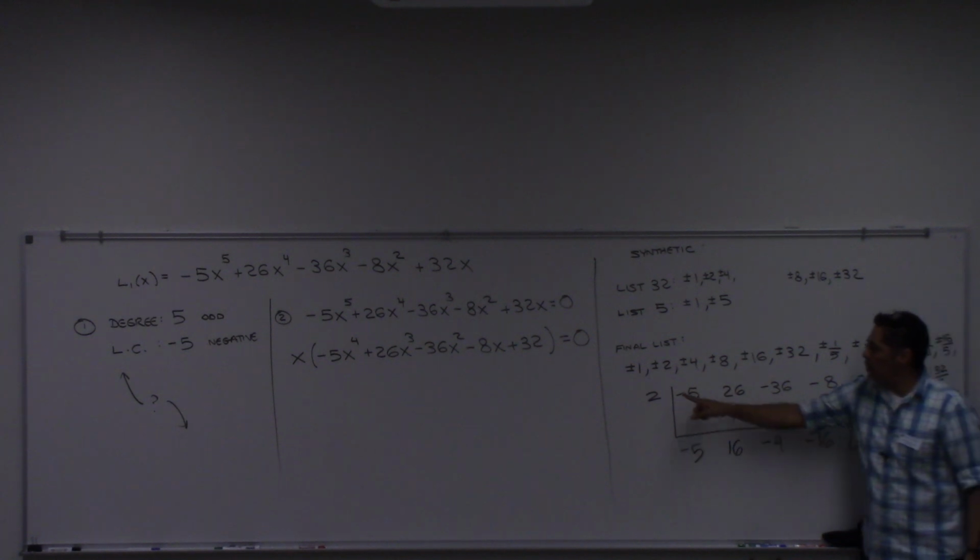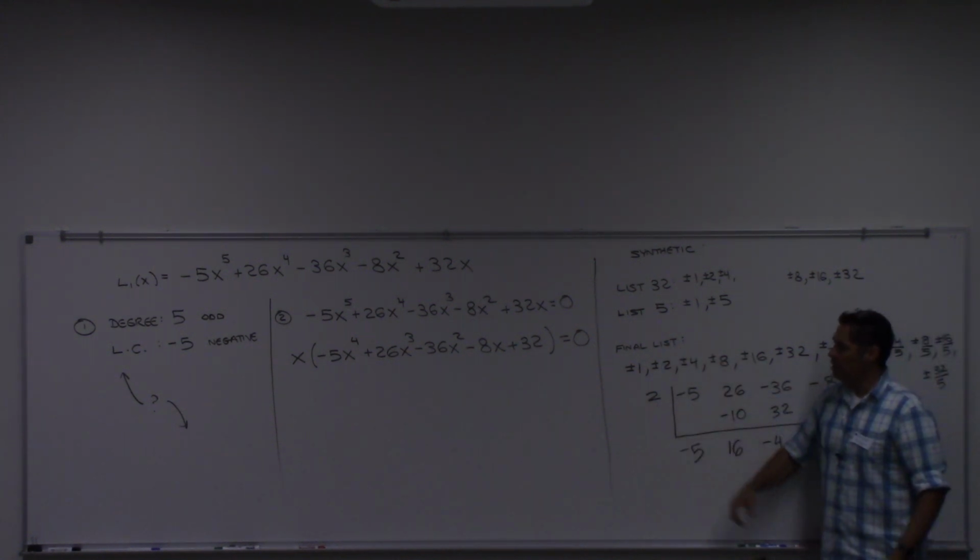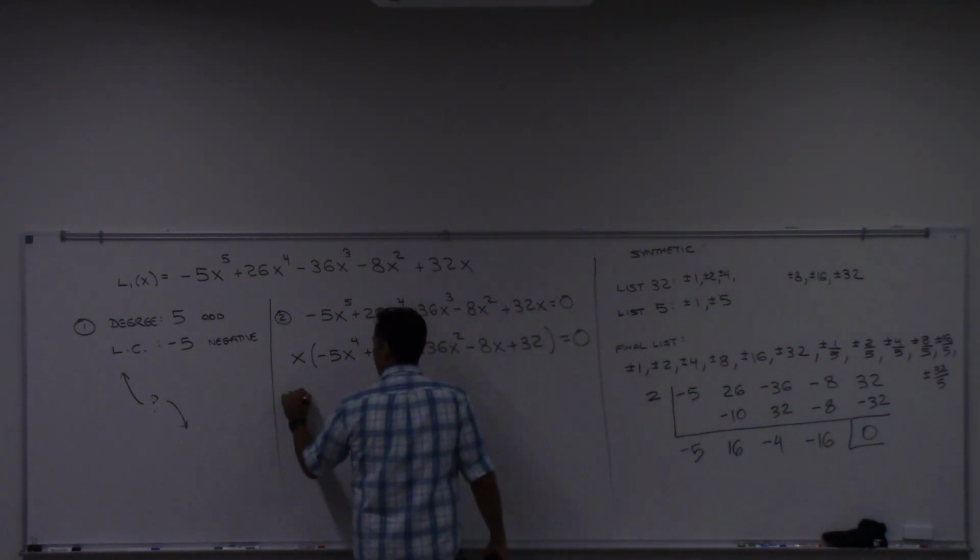Again, this means that when you plug 2 into that, you get 0, right? Which means that that is a 0 of the function, which means this now can be written as x.